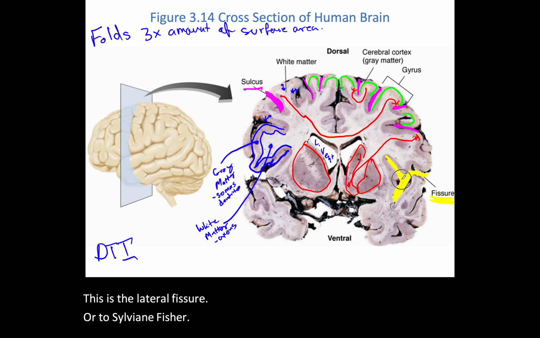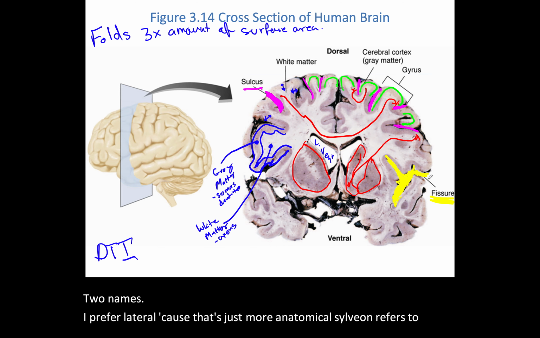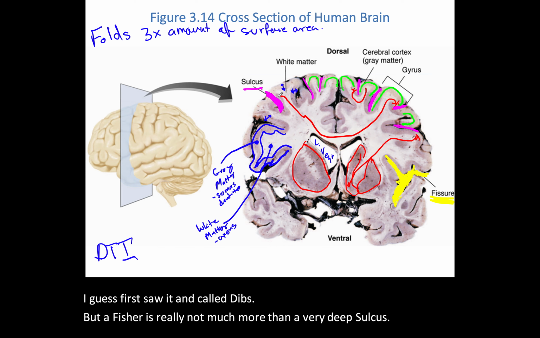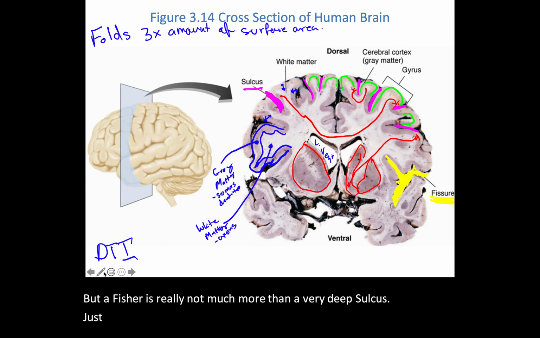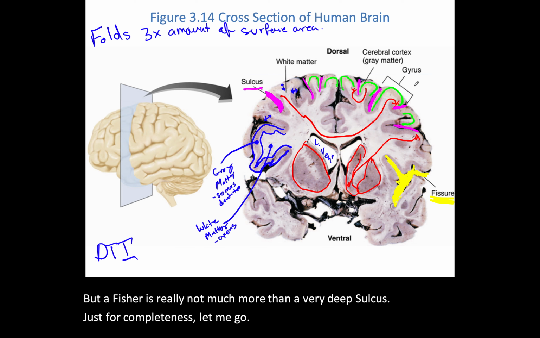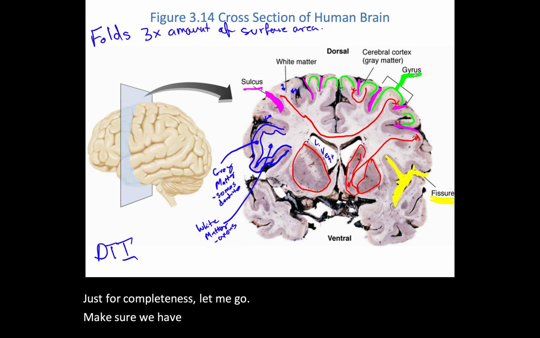Two names. I prefer lateral because that's just more anatomical. Sylvian refers to the neuroanatomist who, I guess, first saw it and called dibs. But a fissure is really not much more than a very deep sulcus. Just for completeness, let me make sure we have the color code on there for you.